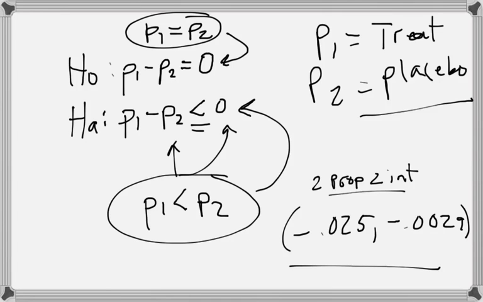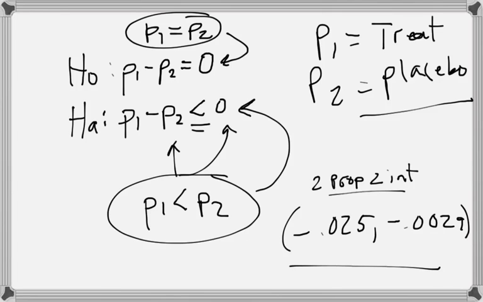So the fact that 0 is not inside that interval is more evidence that the medication is reducing the proportion of heart attacks. If it had been positive, because I subtracted P1 minus P2, it would have shown that the placebo group had a reduction in heart attacks, not the medication, which is crazy.